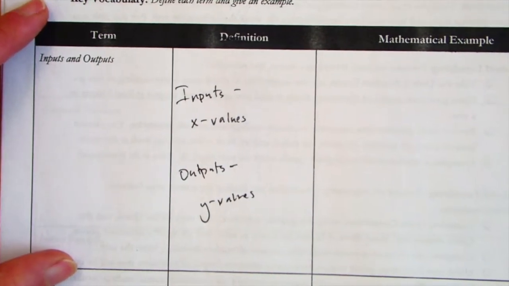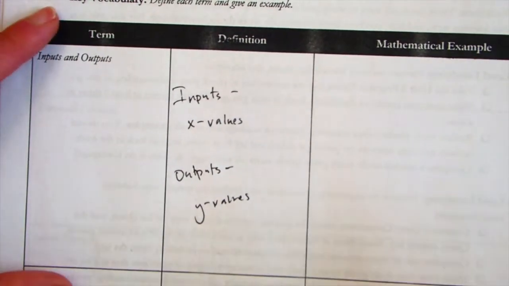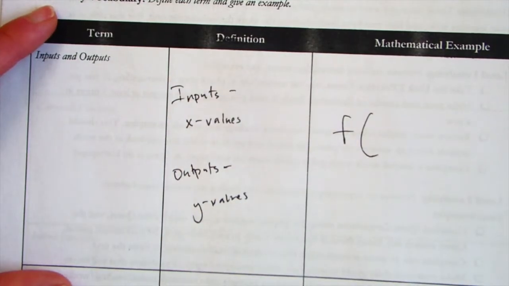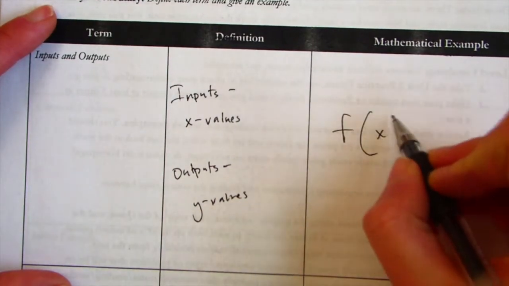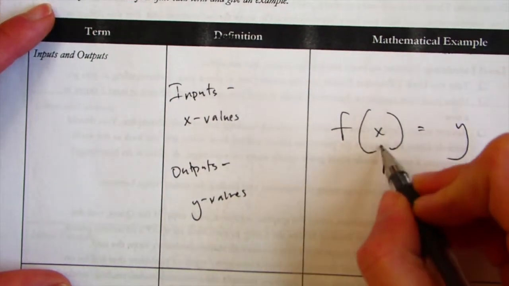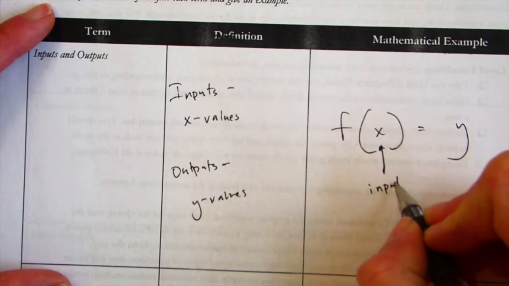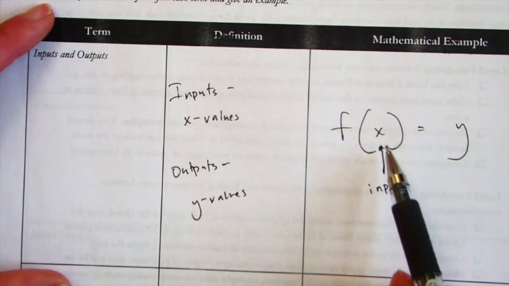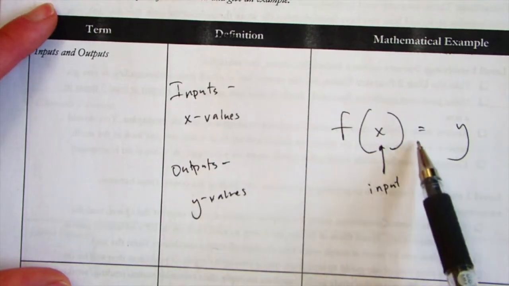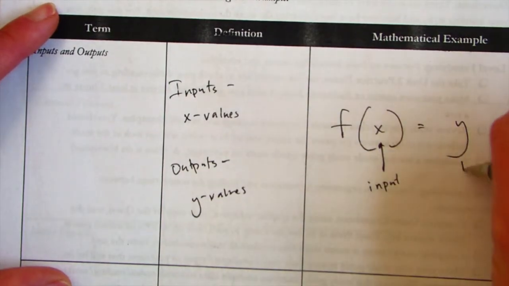So usually, or always, your input when we have function notation is whatever's inside the parentheses, and then your output is on the other side. So your input is inside of the parentheses. The entire expression f of x is equal to the output.